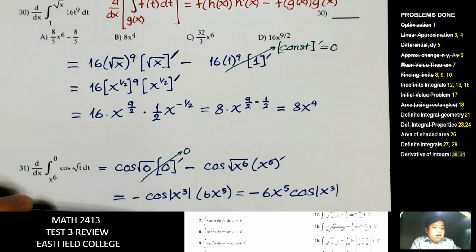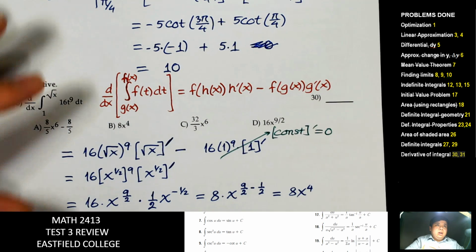But because cosine is an even function, we can drop the absolute values. So x cubed or negative x cubed is still fine. I mean, cosine of x is the same as cosine of negative x. So absolute values or not, it's still fine.